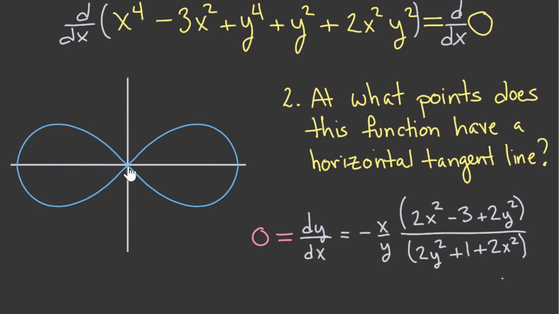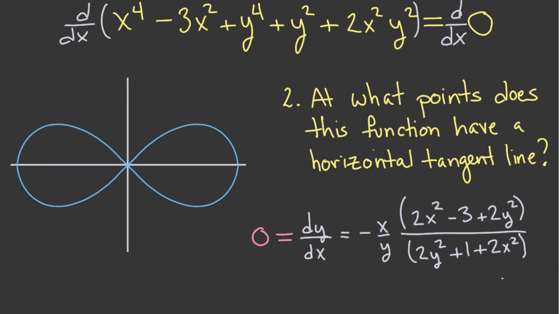That's the only point on our curve where x is equal to 0. Just by looking at the curve, I can see that this curve does have two tangent lines, neither of which will be horizontal. So we can actually rule out this point where x and y are equal to 0 because there is no horizontal tangent line there.